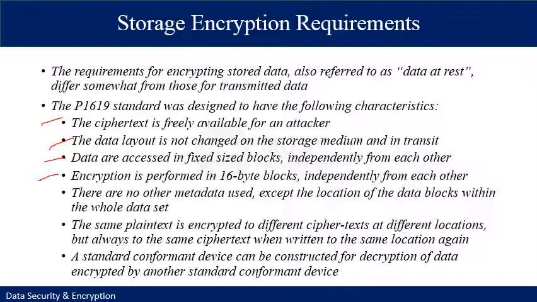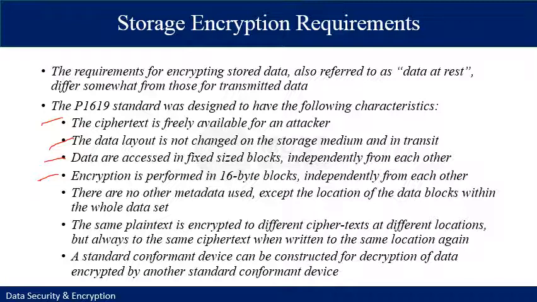On the storage medium, this encryption is performed in 16-byte blocks independently from each other, except when the data is less than a whole block, the encryption may differ from the rest of the blocks.